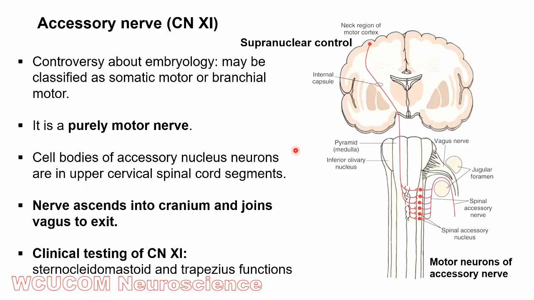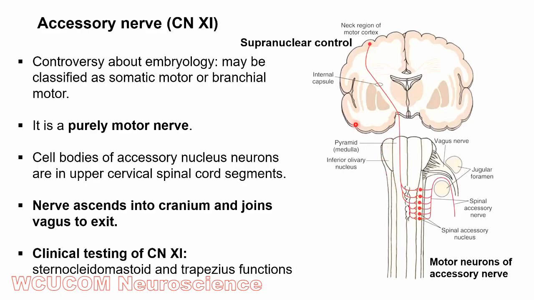Accessory nerve is next, number 11. Very unique nerve because the motor neurons are in the spinal cord, the uppermost several segments of the spinal cord. So these are the motor neurons. Yes, we are getting supranuclear control.